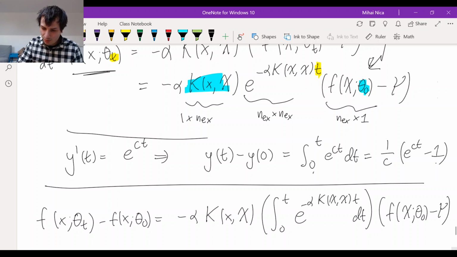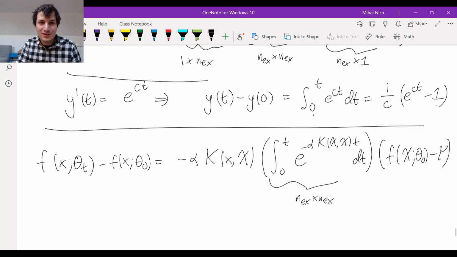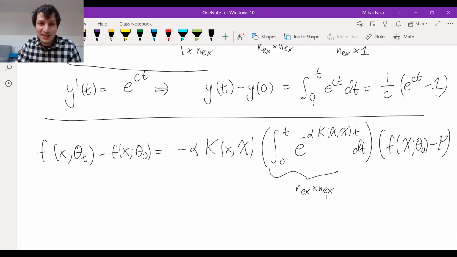So again, the only part that's interesting is this nx by nx matrix integral in the middle. And this integral and matrix exponentials obey all the same rules sort of as regular numbers. Instead of having a 1 over c, we're going to have an inverse of the matrix that appears here. So this is just a fact about matrix exponentials.